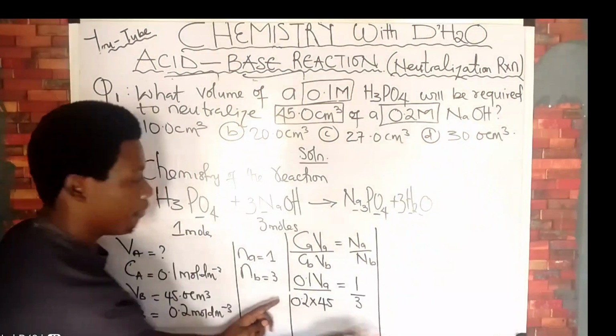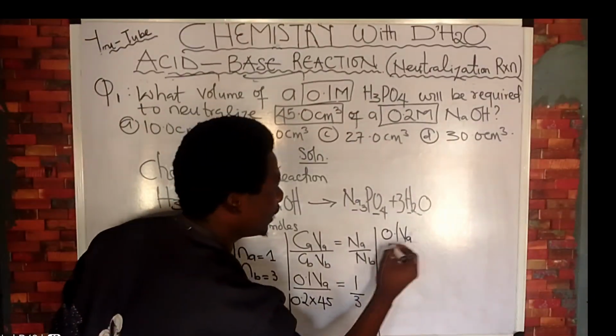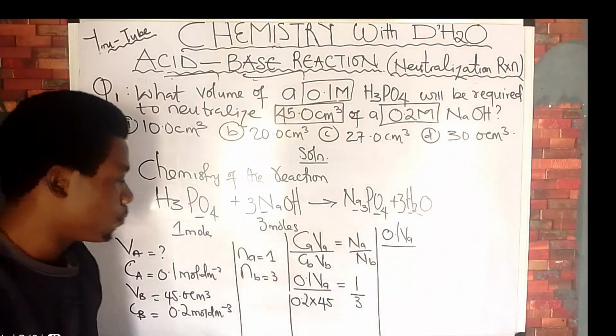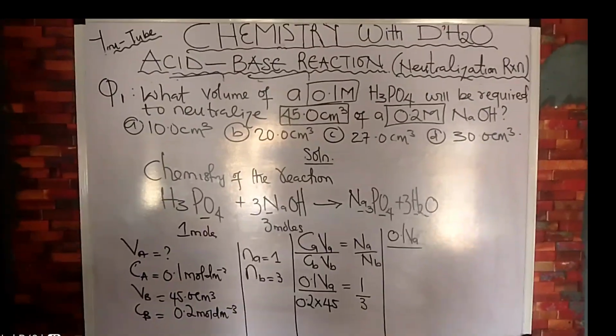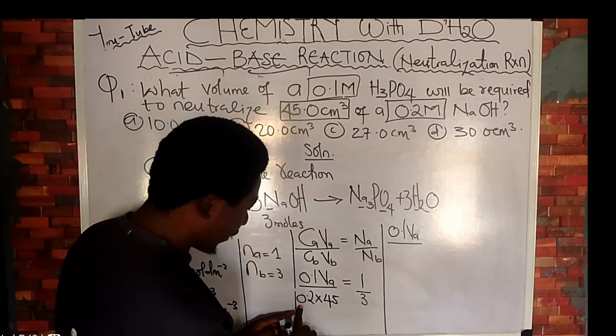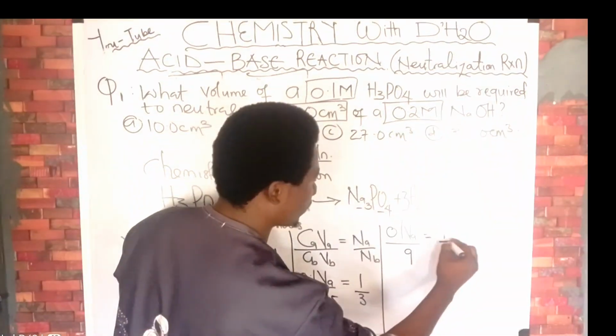So what do we do now? Very easy. We have 0.1 Va over 0.2 times 45. So 0.2 times 45 will give us 9, equals 1 over 3.